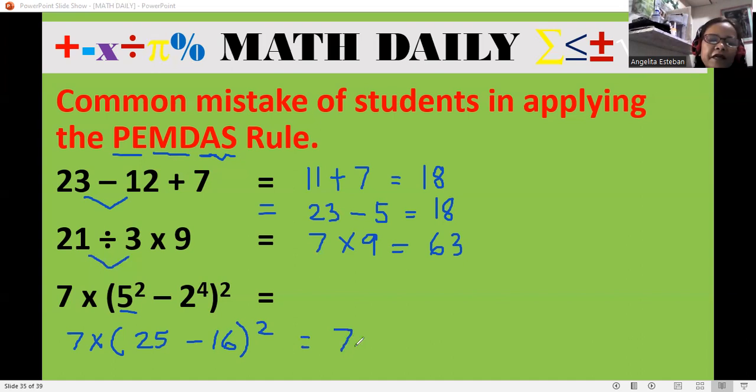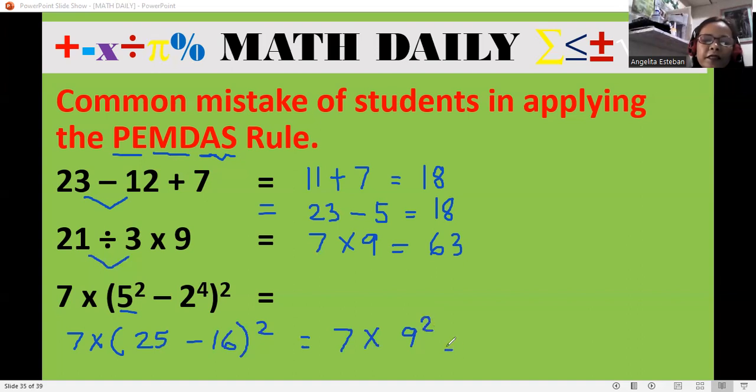We have now 7 multiplied by the result that we are getting for 25 minus 16. So 25 minus 16 is equivalent to 9, and that has to be raised to the second power.